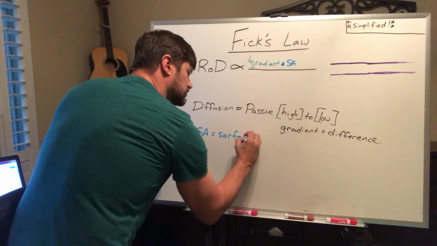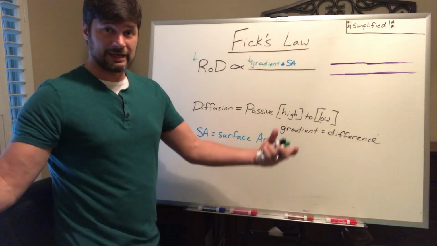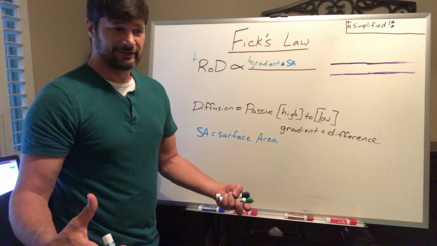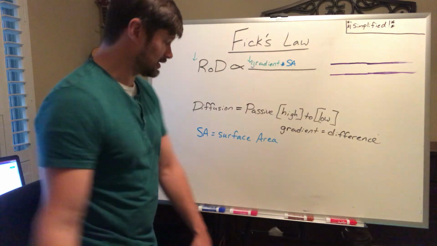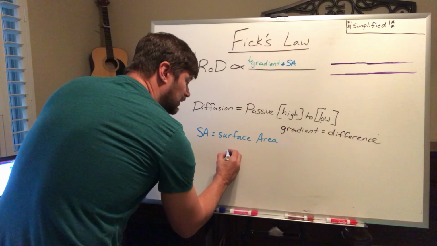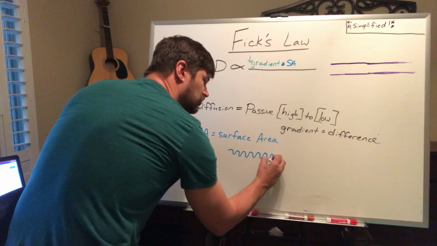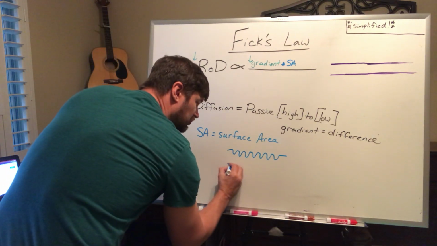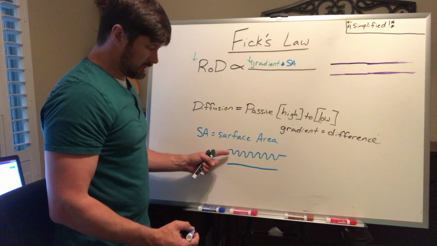And the way to think about the surface area is the more area there is for things to diffuse across, the more diffusion can occur, and the faster it can occur, right? So, in other words, if we had a surface that looked like this, it has a very large surface area compared to a flat surface.